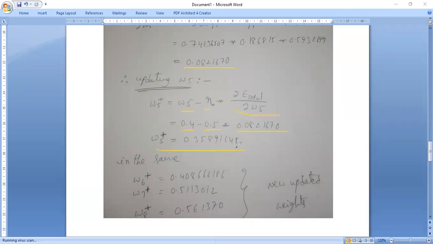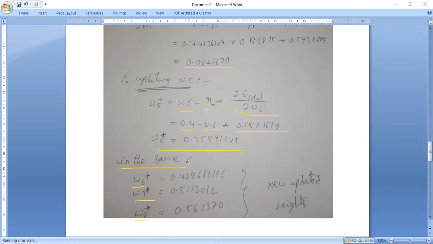In the same manner, now we have to calculate W6 plus, W7 plus, W8 plus. Why? Because these are all the edges in between the hidden layer and output layer.